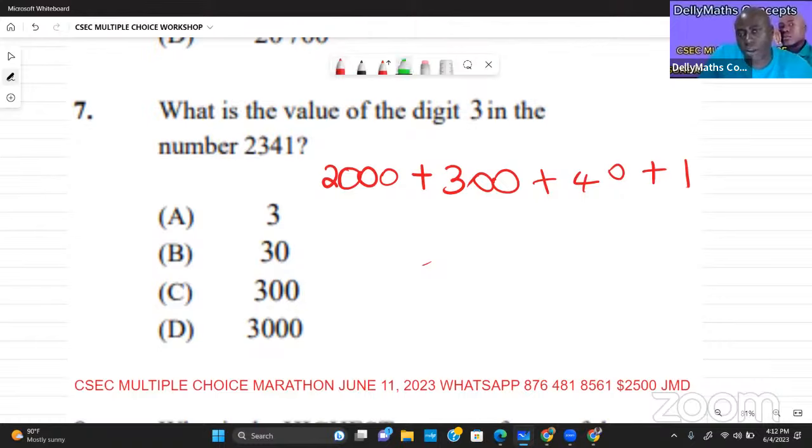So if you break it down, you could see that the 3 is 300. So one has to just relax, represent this thing based on how you know, and you'll be able to see the value easily coming out.